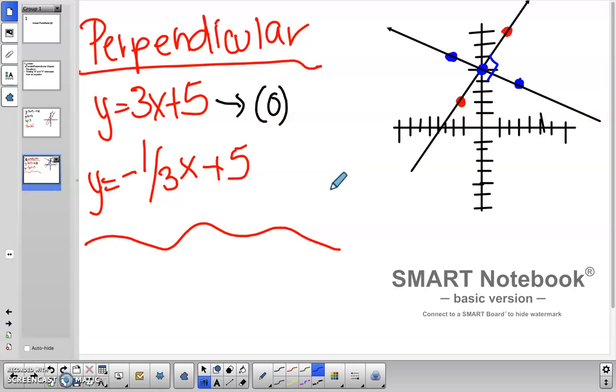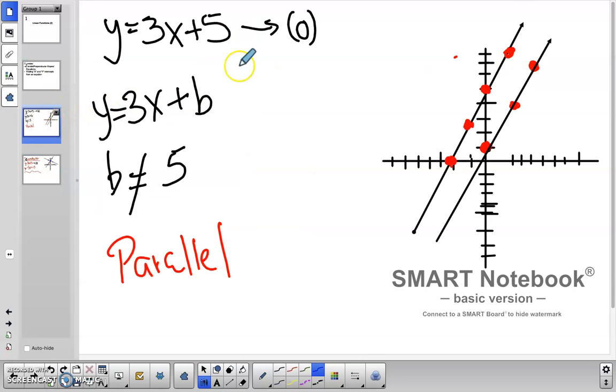Okay, I think we got that. Now we've figured out how to graph parallel and perpendicular lines, right? I'm going to go over a summary. So parallel lines have the same slope, but a different y-intercept, and that y-intercept cannot be the same as the y-intercept in the original equation.